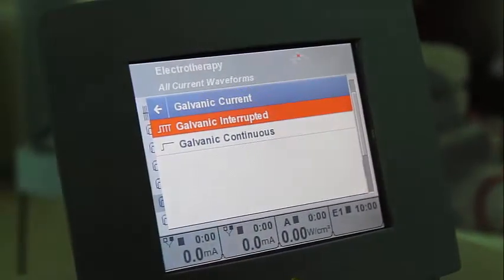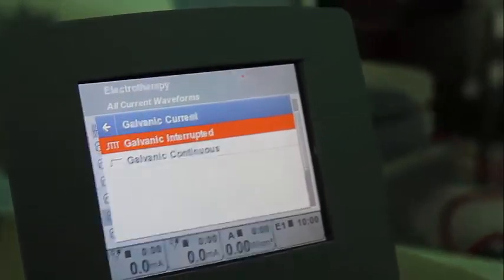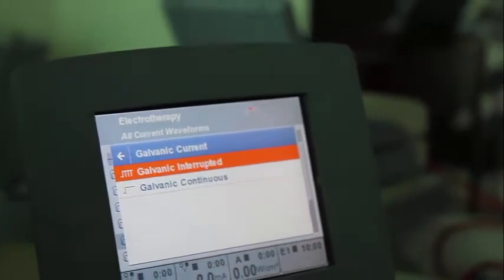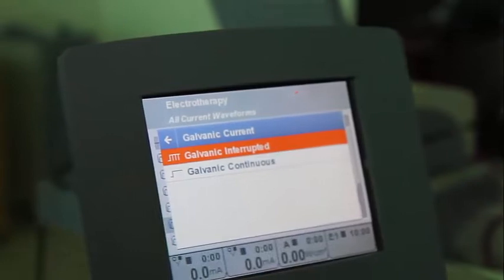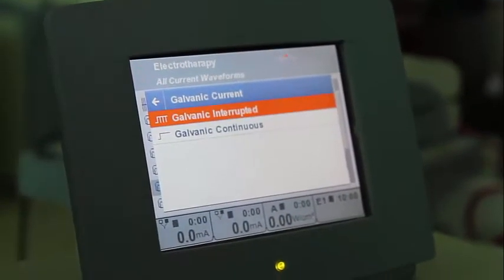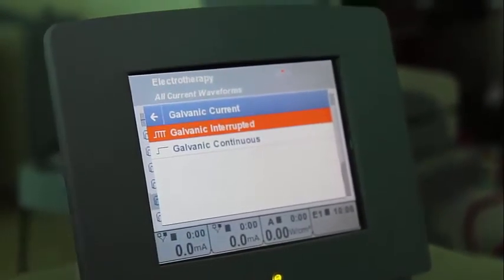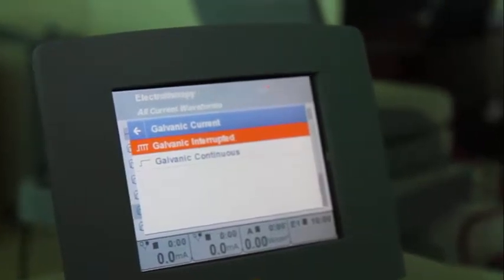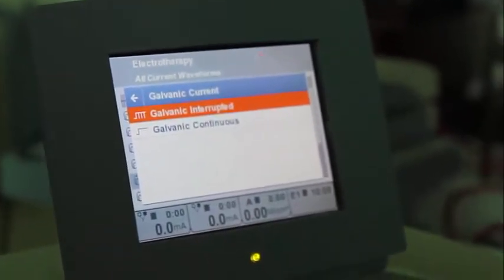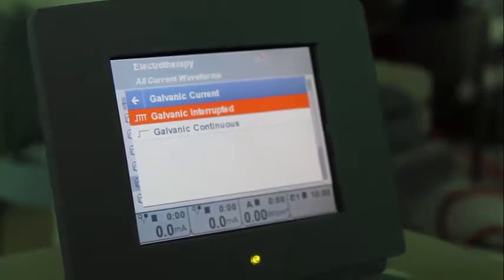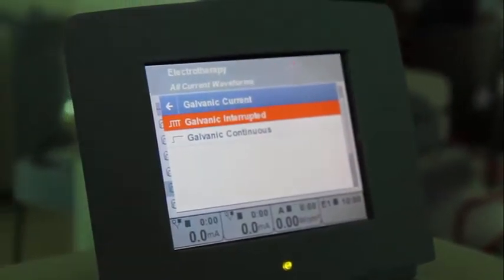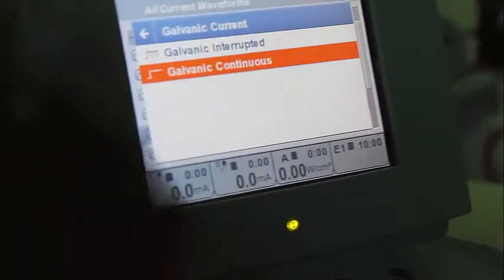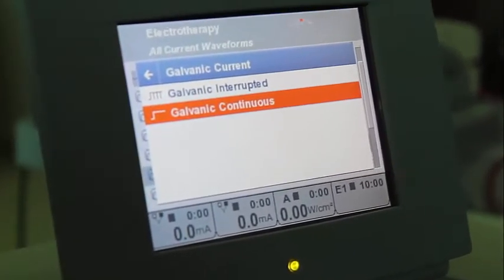If you remember the morning class, there is interrupted galvanic, interrupted direct current, and continuous direct current. So we want continuous direct current to identify which is cathode and which is anode. Because if it is direct current, the current will start from the negatively charged electrode and come to the positively charged one. So that's why we choose galvanic continuous.